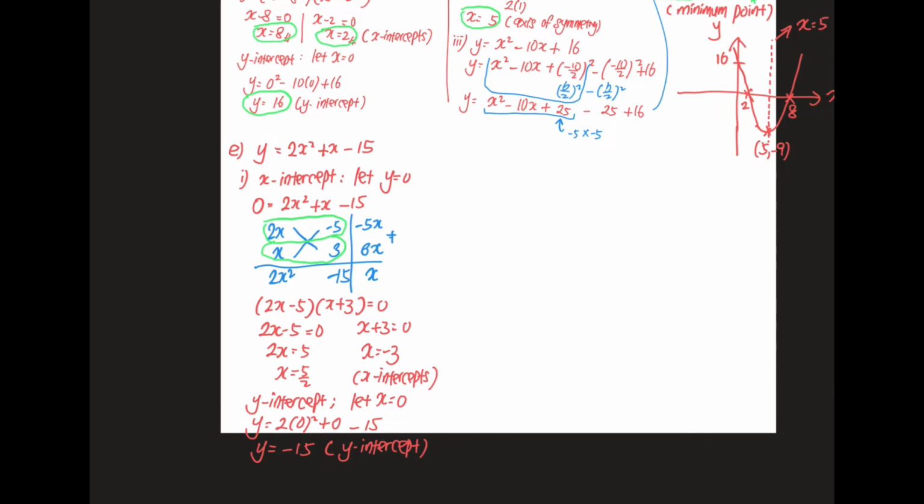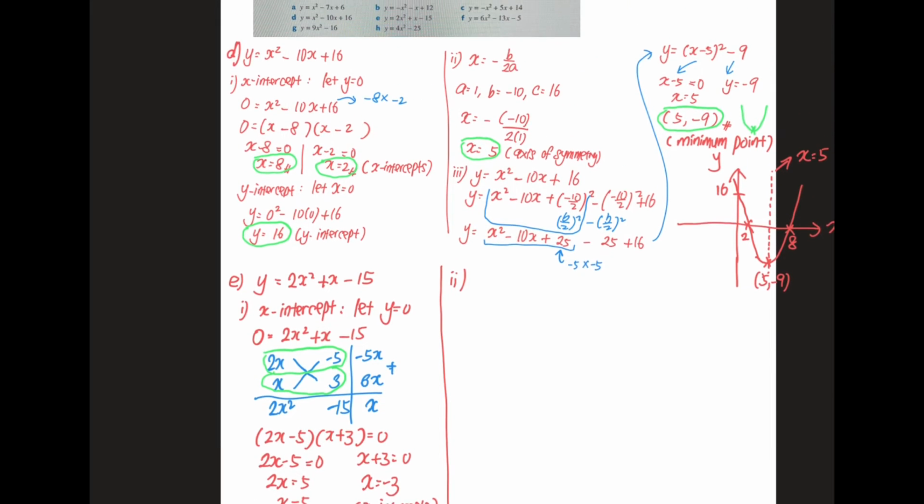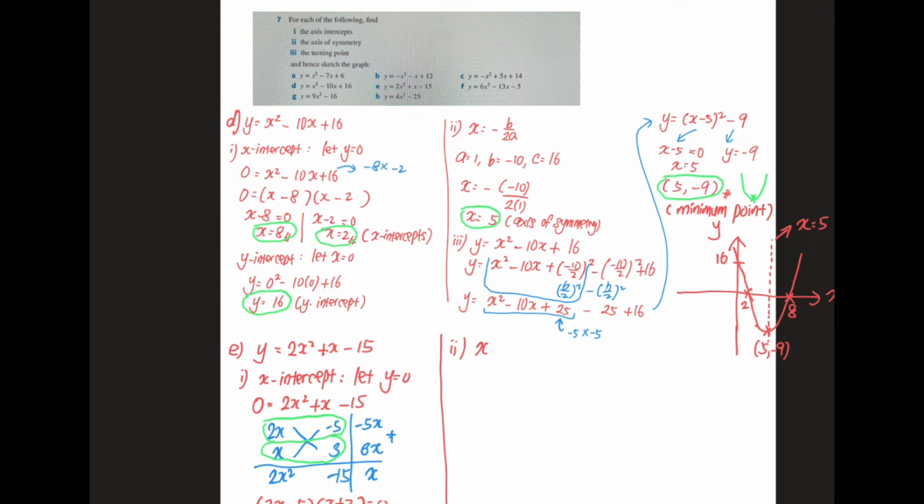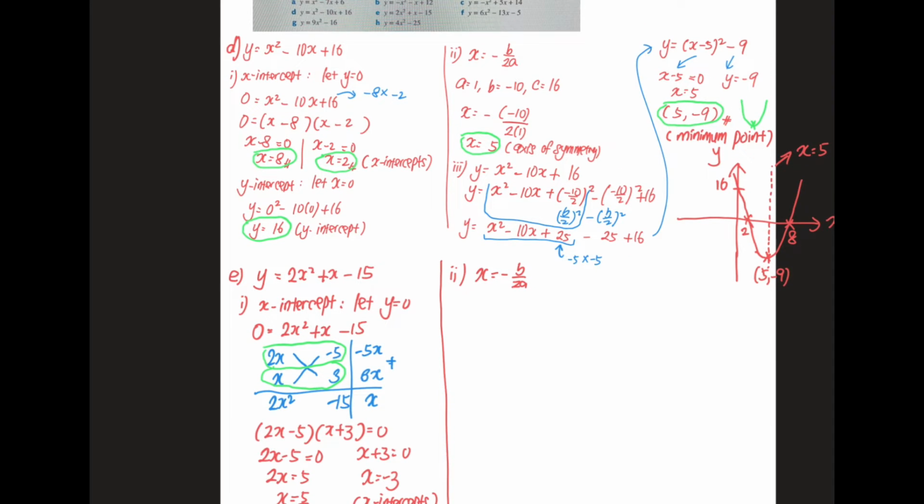Now part 2. Part 2 is about the axis of symmetry. We use the same formula, x equal to minus b over 2a. Let's write down the values of a, b, c first. As you can see, a is 2, b is positive 1, and c is negative 15.